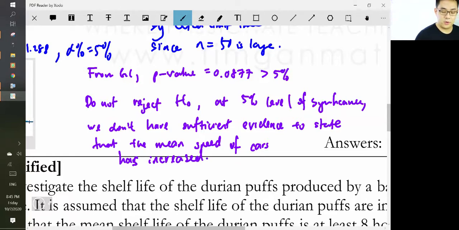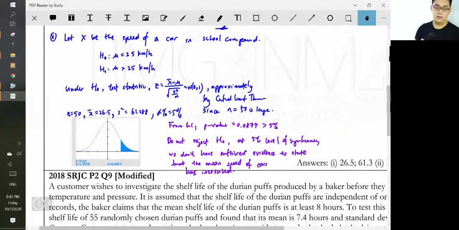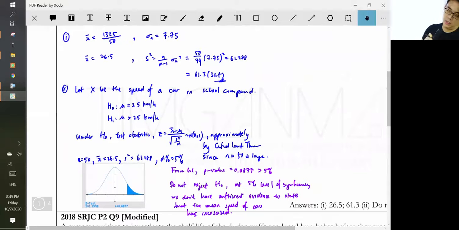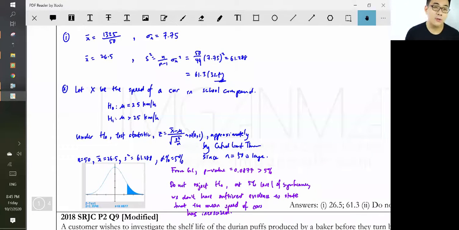Okay, in context of the question. So you just straight away say, hey, security guard, don't anyhow say. Hey, you don't have enough evidence to say that people speed in front of the school.